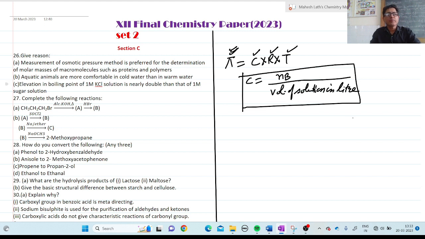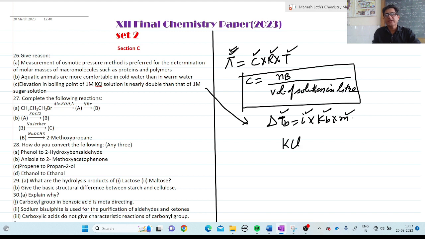Elevation in boiling point of 1 molar potassium chloride solution is nearly double than that of 1 molar sugar solution. Delta Tb is equal to i Kb m. m is molality, Kb is molal elevation constant, i is Van't Hoff factor, delta Tb is elevation in boiling point.